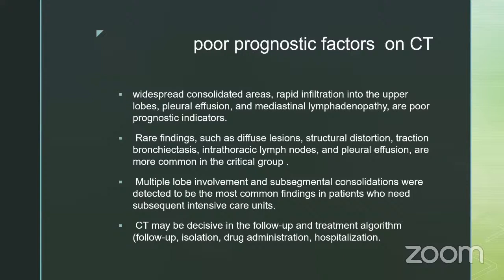Rare findings such as diffuse involvement, structural distortion, traction bronchiectasis, intrathoracic lymph nodes, and pleural effusion are more common in critically ill patients. When we see multiple lobe involvement and subsegmental consolidation, we can suggest this patient will need intensive care. CT is decisive in follow-up and treatment algorithm in such cases.